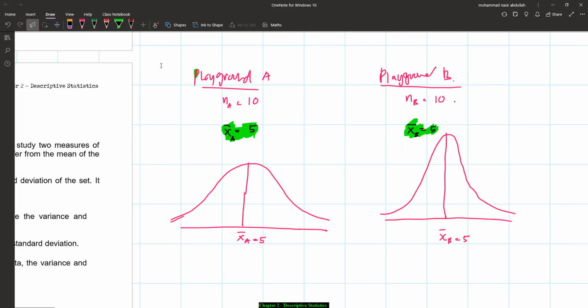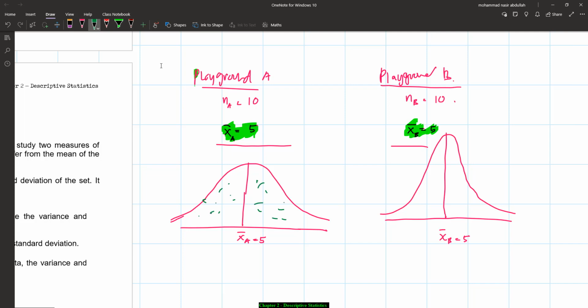Basically, if we look here, based on the value of central tendency, we have a mean equal to 5 for both playgrounds. But if you look into the shape of the data distribution, the data for playground A is quite dispersed or spread around the mean. For playground B, it is more consistent, or closer to the mean. Let's say this is the mean, so the observations might be somewhere here.